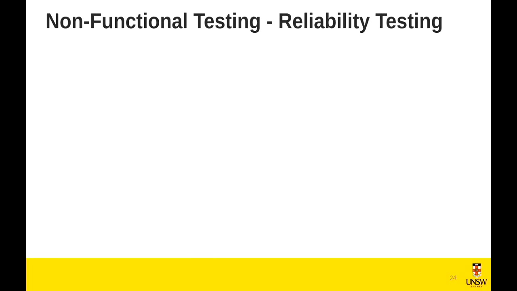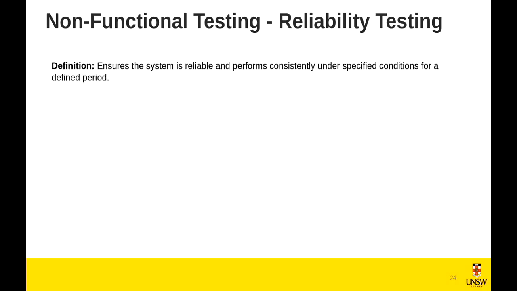And there's a special type of non-functional testing which is called reliability testing. Remember, in our first lecture, we learned about software dependability. One of the concepts related to software dependability is called reliability.